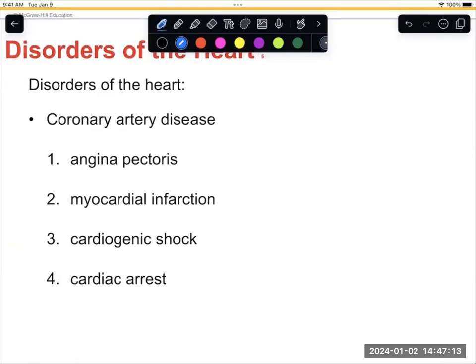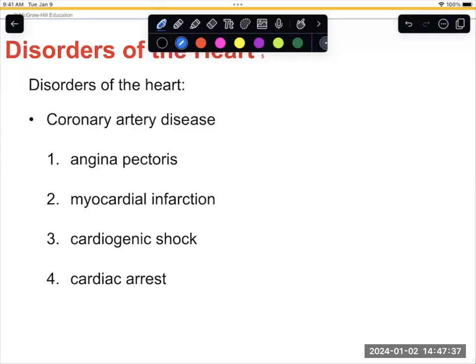So let's look at some disorders of the heart. Coronary artery disease. Arteries can become narrowed by plaque deposits that are also called atheromas. When this plaque starts to build up inside artery walls, blood flow is reduced.